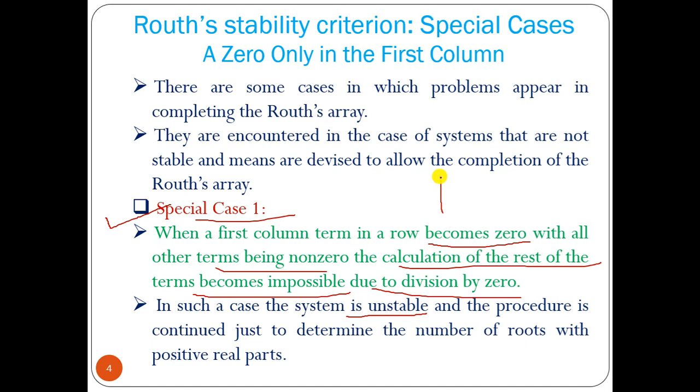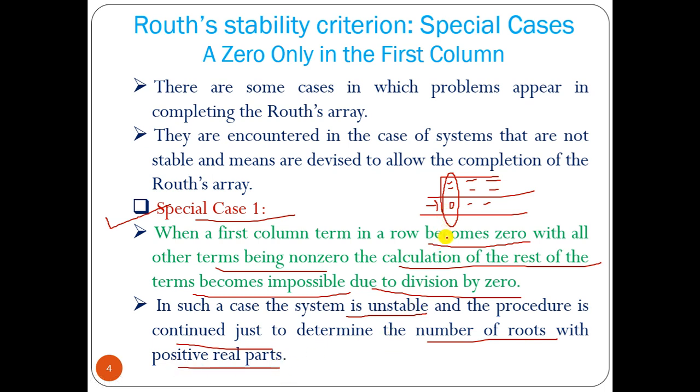That means if we have a Routh table, and in one of the rows one element in the first column is 0 while the others are non-zero, then the system will be unstable, and the procedure is continued just to determine the number of roots with positive real parts.